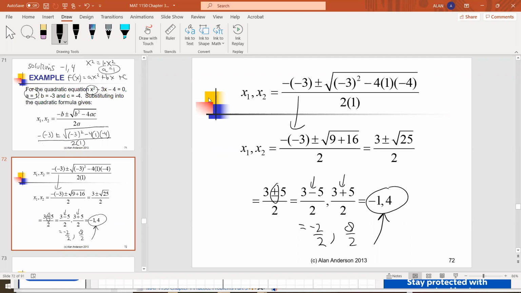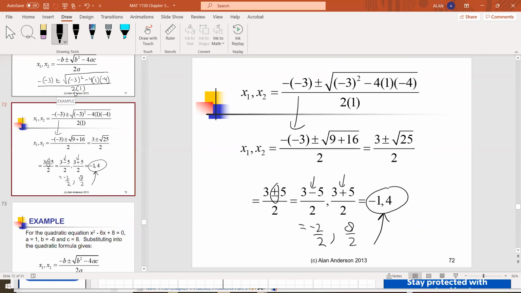Oh, so that was pretty straightforward. I think you'll agree. Okay, so that's a classic example of how to find the solutions of a quadratic expression.